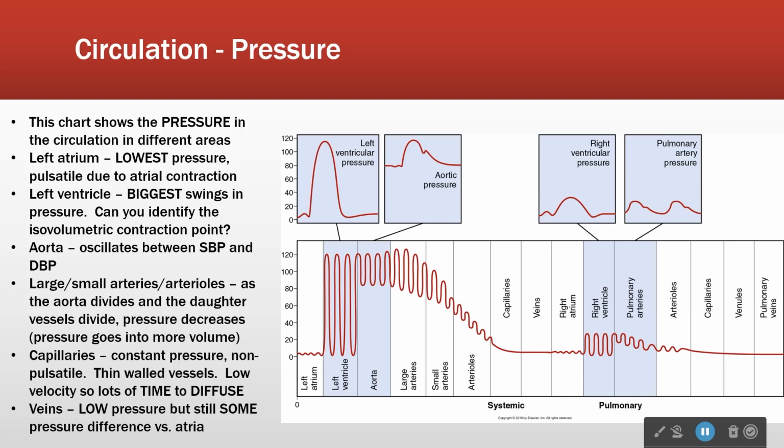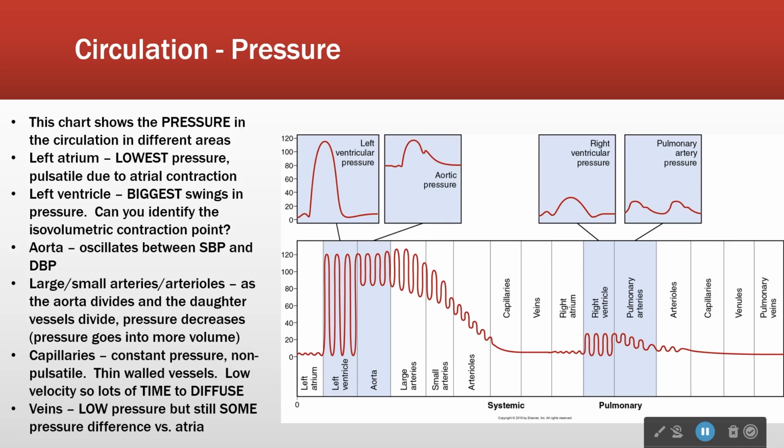Here's our right ventricle. Contraction, relaxation, systole, diastole. You'll note that the right ventricular pressure is quite a bit smaller than the left. Okay? The pulmonary circulation is low pressure, has a much lower pressure and a much lower resistance than the systemic circulation does.